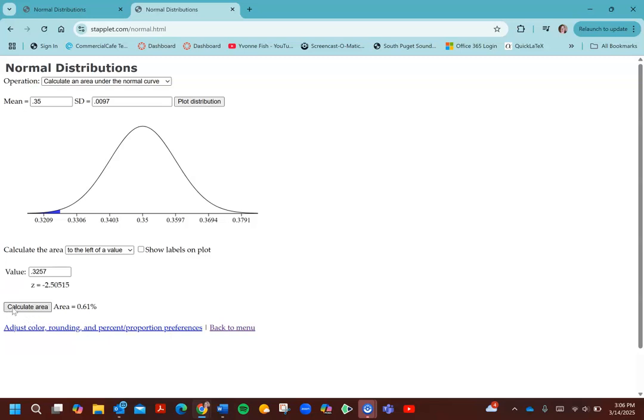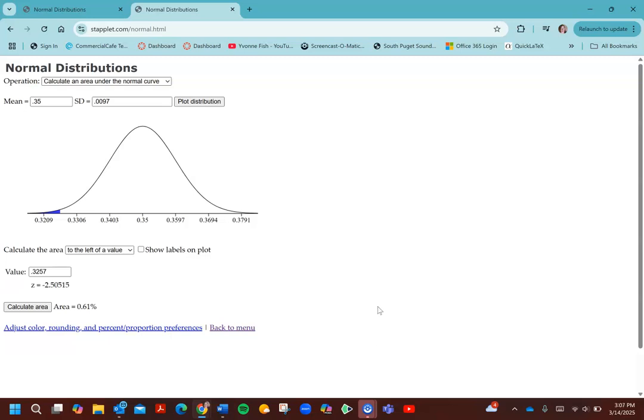And then this right here, once I hit that calculate area, that's my p-value, 0.61%, not this Z. So you have to either compare 0.61% to 5% or convert to decimal, 0.0061, compared to your alpha, 0.05.